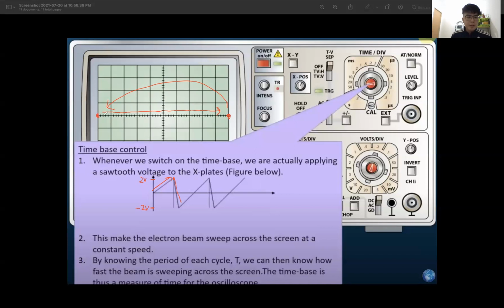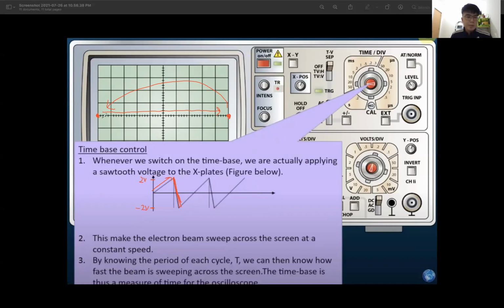From here, it moves along the line to the right, and then suddenly it jumps back very quickly, because you can see this drop in the voltage is very steep. 2 volt suddenly becomes negative 2 volt, so it flips the whole thing. You cannot see the dot jump back because it happens very fast.